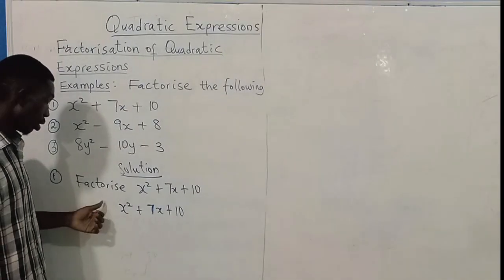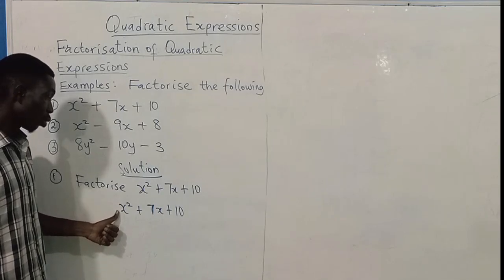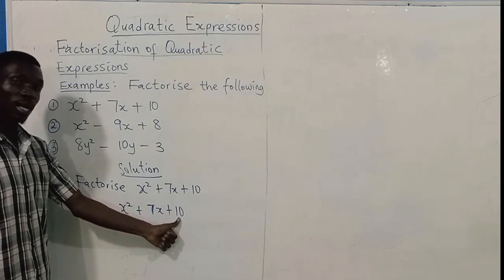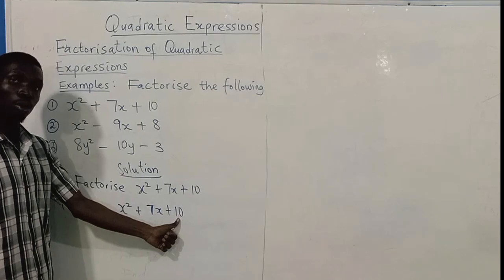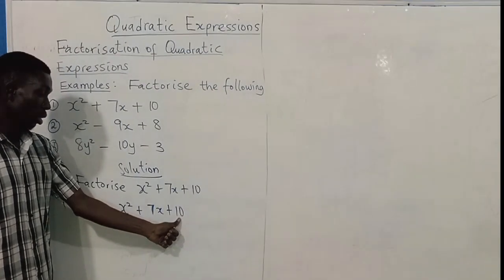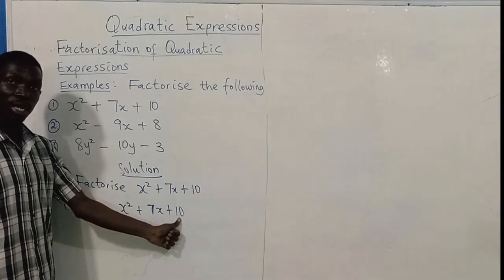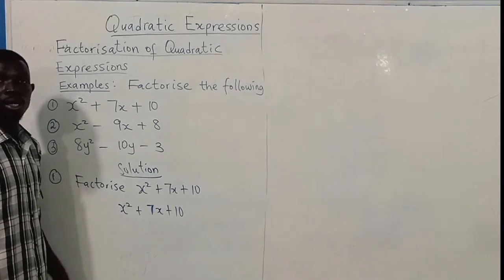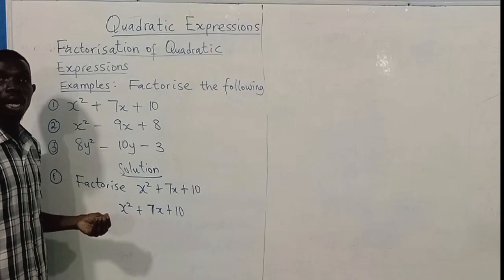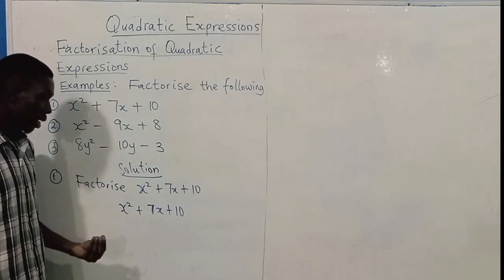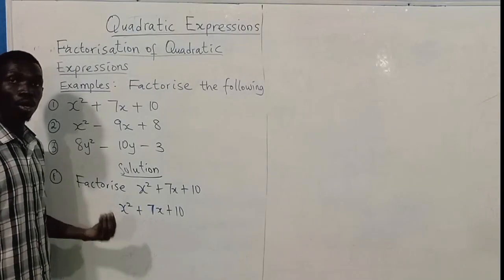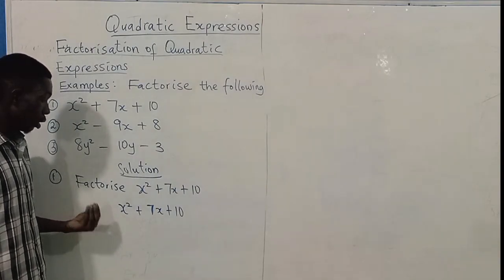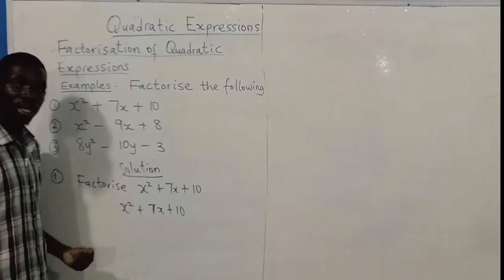multiply the coefficient of x squared and the constant term. The term without a variable is called the constant term, and in this case, it is 10. The coefficient of x squared is 1. Now, a coefficient means the number that pre-multiplies the variable.